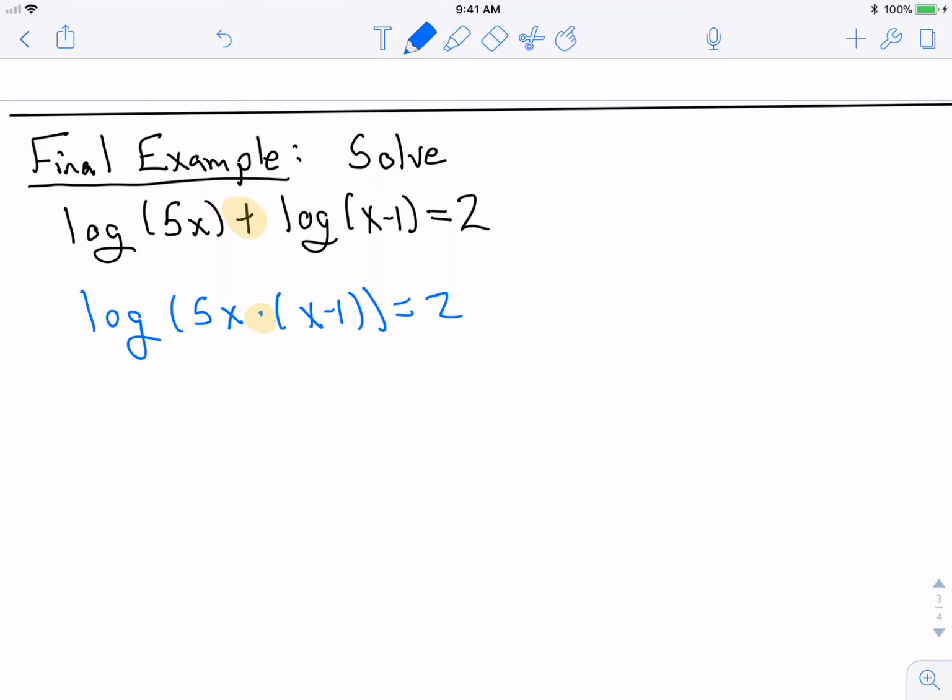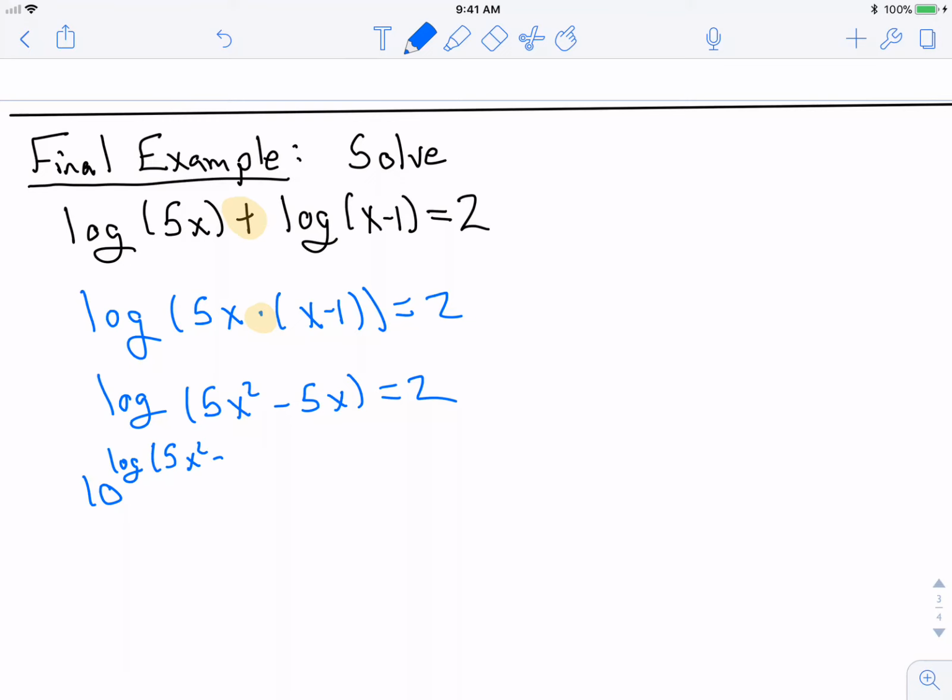All right. If we FOIL out 5x times x minus 1, we'll get 5x squared minus 5x is equal to 2. And now we want to cancel out our log. So remember, if there's no number on the log, it's base 10. So in order to cancel it out, we add a 10 as an exponent on both sides.